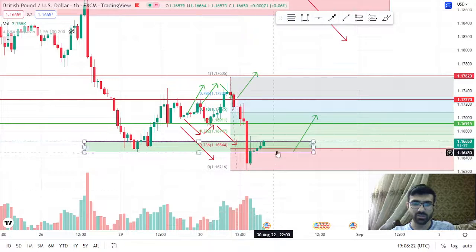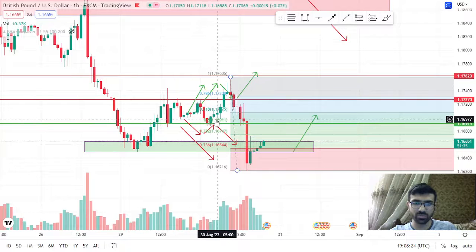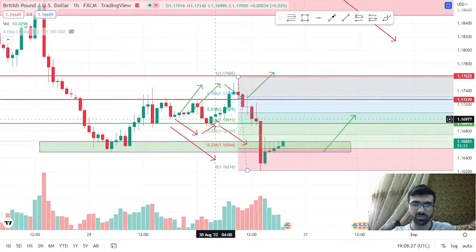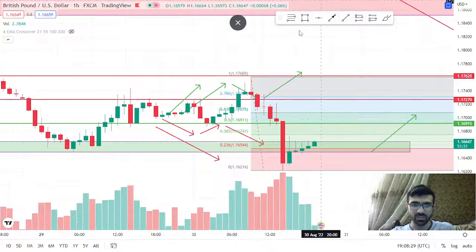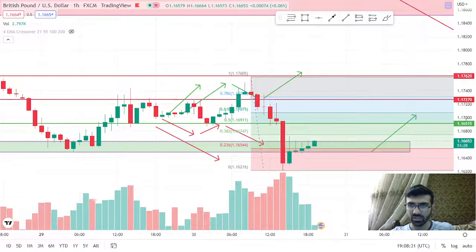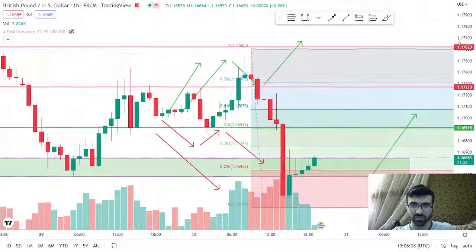I am expecting the market to go up to at least this 50% level, which is approximately this area. Okay, this is 0.68 and this is 0.5.